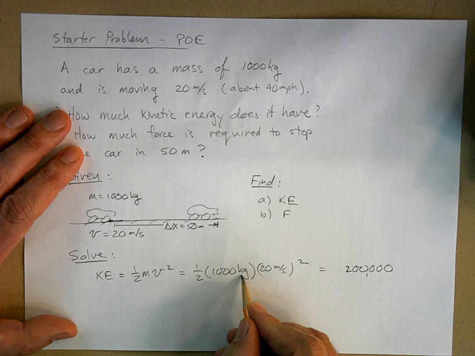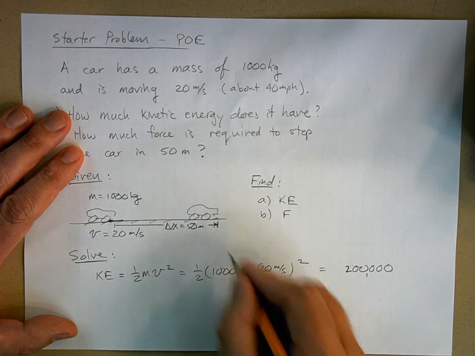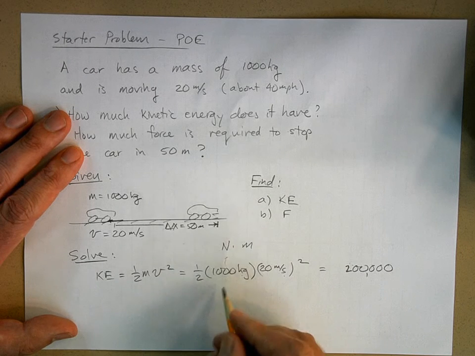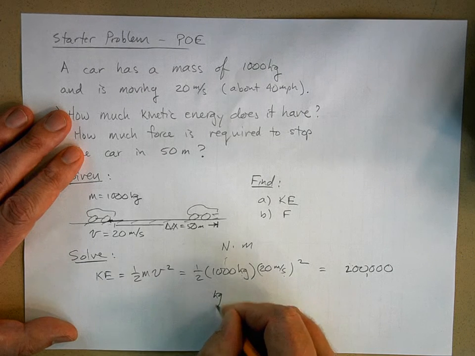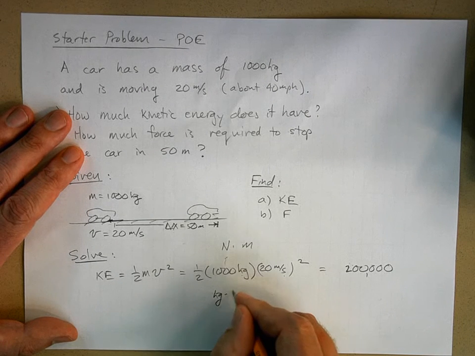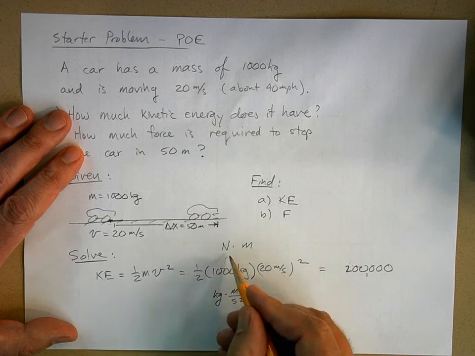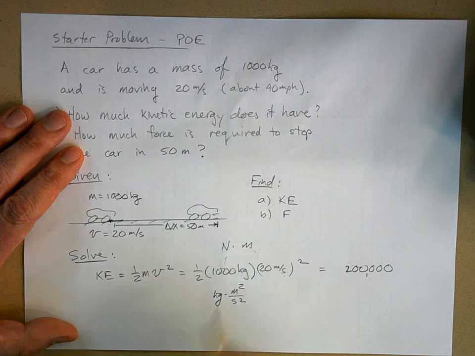Now, a kilogram meter squared per second squared. Remember we said that a joule is a Newton times a meter. But a Newton, remember, is a force. Force equals mass times acceleration. Mass, kilograms, times acceleration, meters per second squared, is a Newton.